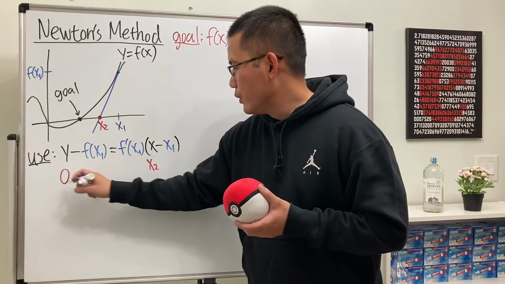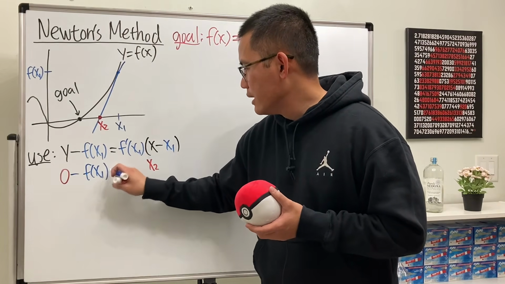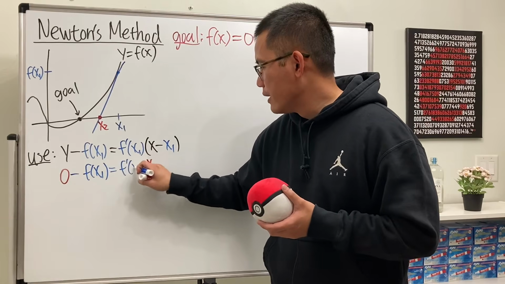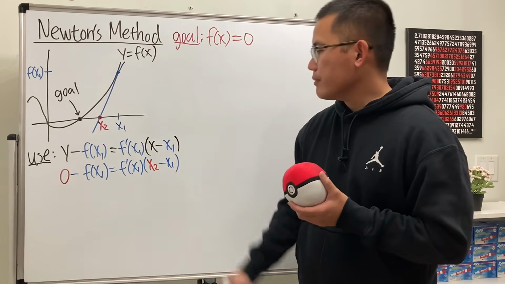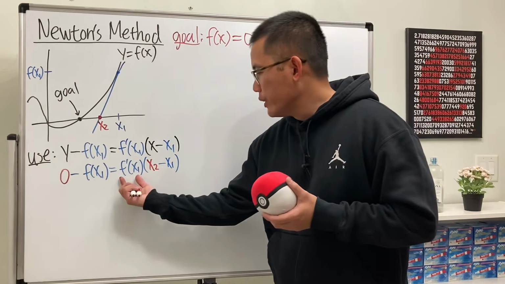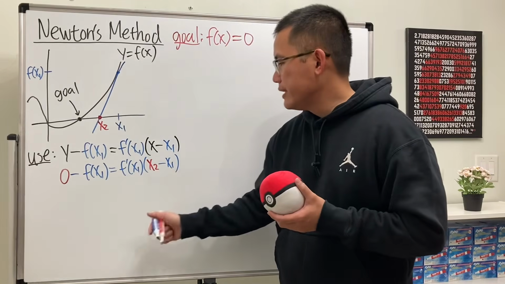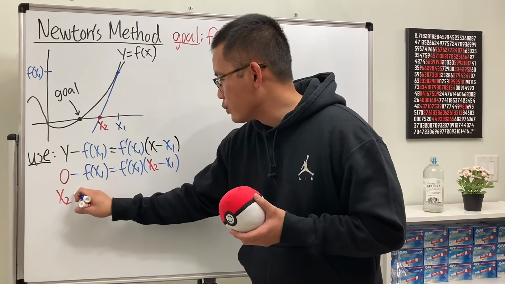And we can see we have the rest. It's just that, and then minus f of x1 equals f prime of x1 times x2 minus x1. And let's see how x2 looks like. To do so, we can divide this on both sides. But let me write it down this first, which is x2 minus x1.